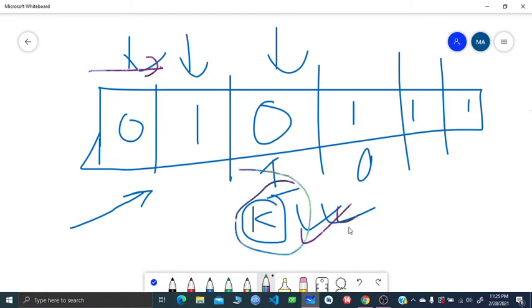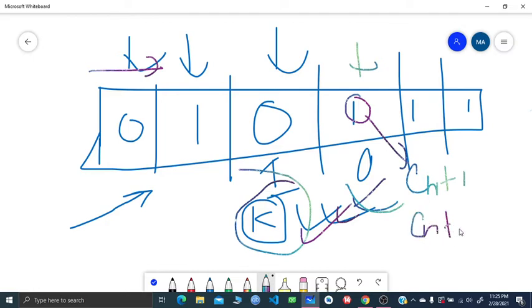Okay, so if they tell me to change some value, if it was 1 and I convert it to 0, I will convert it, but I also will change one thing. Let's say my count of 1 is some value and count of 0 is some value.